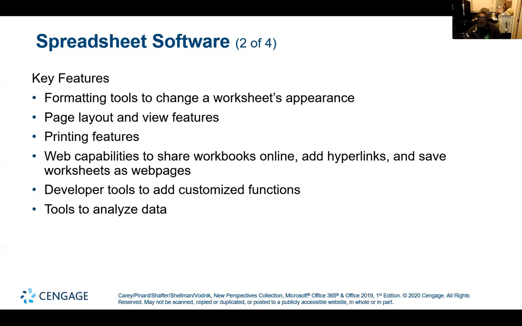Some of the key features are formatting tools to change worksheet appearance, the page layout and view features, printing features, of course, web capabilities to share workbooks online and hyperlinks and save worksheets as web pages, developer tools to add customized functions, and tools to analyze data.